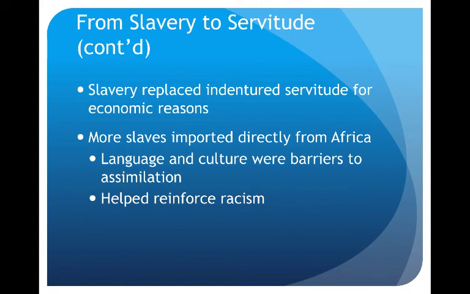This works better, quote unquote, from a slave owner's perspective too, because where do you go if you're a runaway slave? You can't get back home. You can't blend in with white society. You could run and try to join the Native Americans. Maybe they would take you in. They might kill you, or they might return you to your master and collect a reward. So there's really nowhere for you to go.